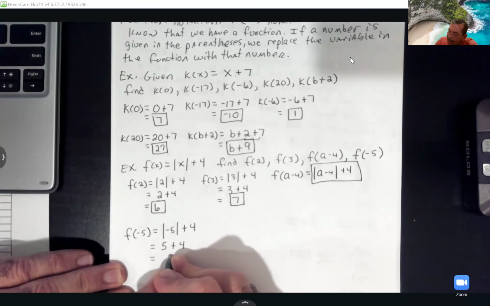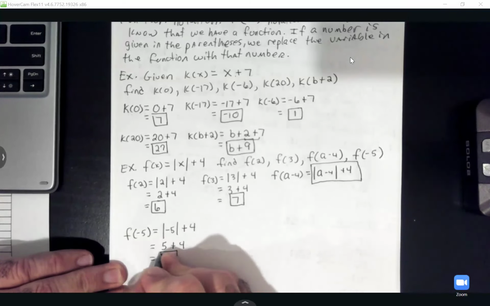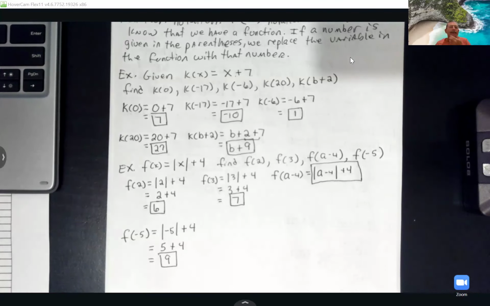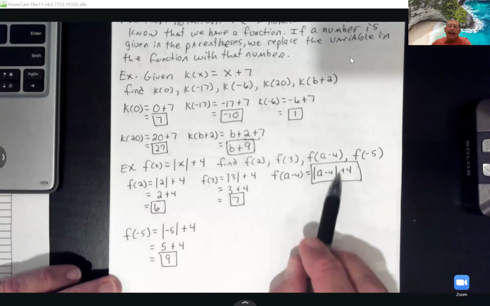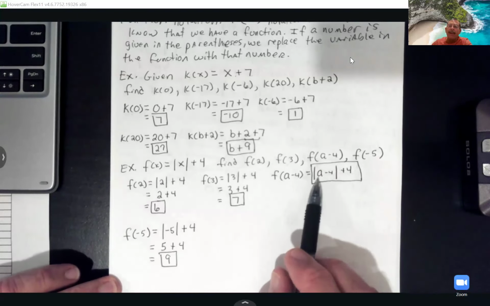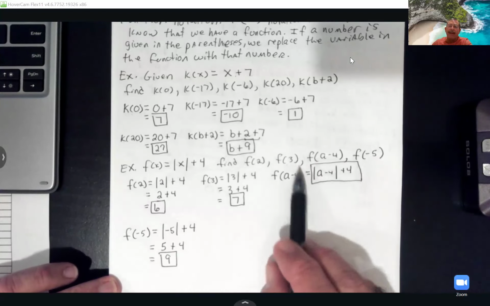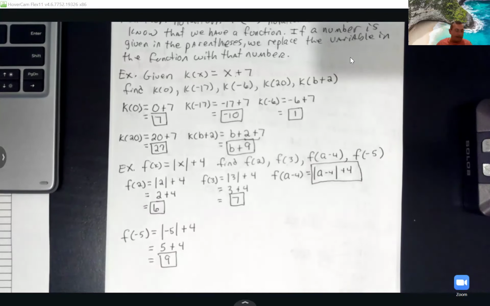And what's that? Looks like 9. Okay. So just be careful on this one with the absolute value, because when you plug in the a minus 4 or whatever they give you, it's not going to simplify, okay? All right, so let me try a new one of that.